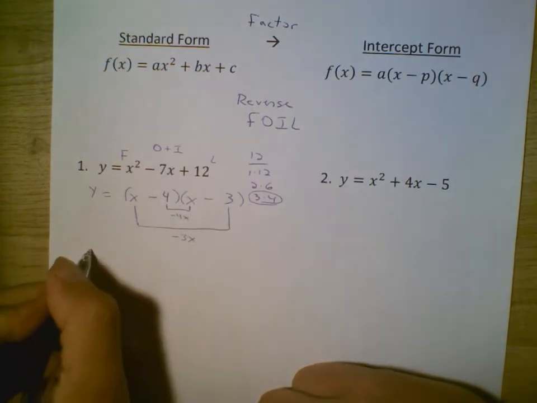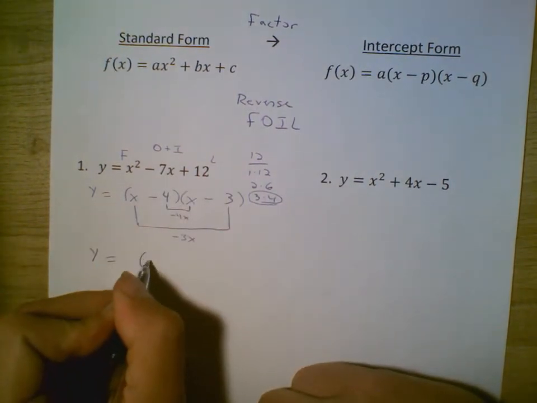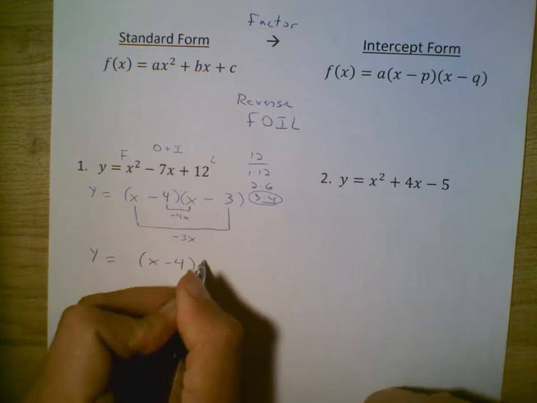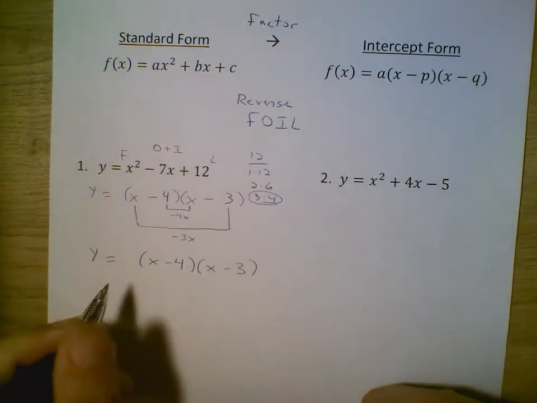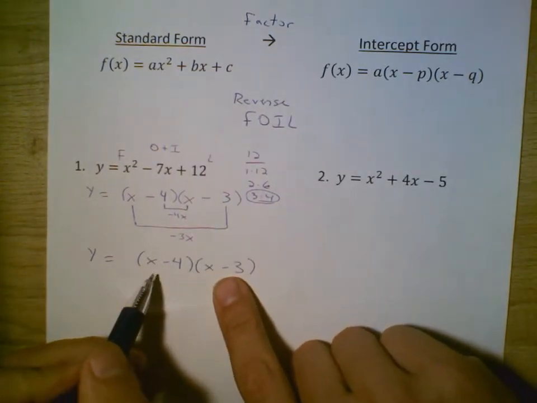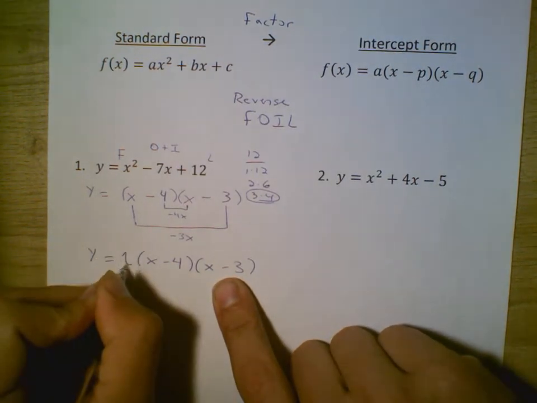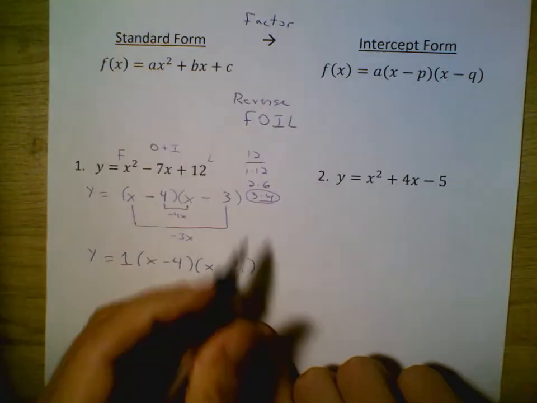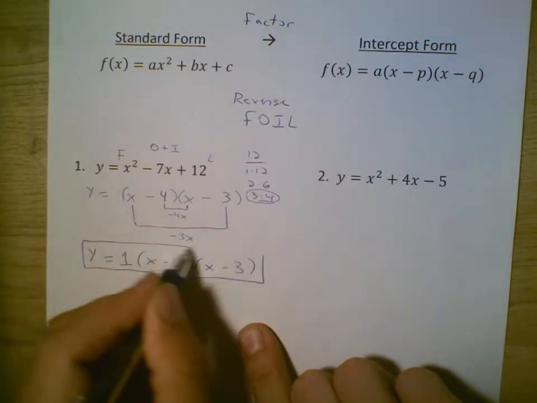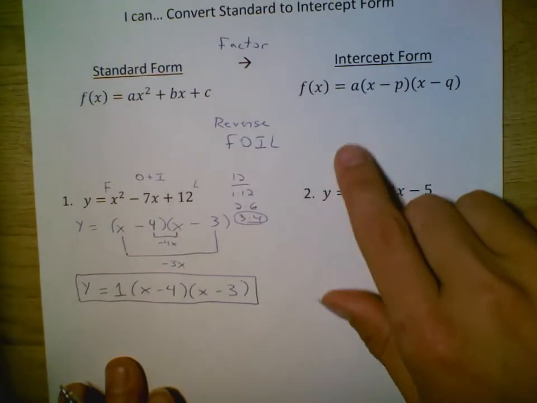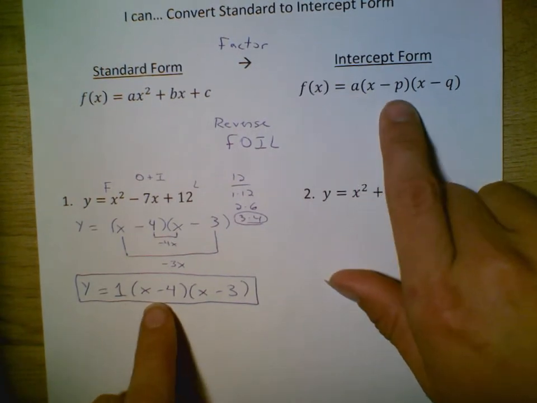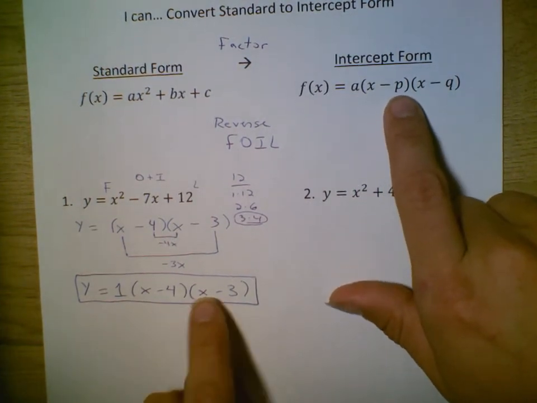Now if I take the factored form and take a closer look at it, this is intercept form, where the a value, which isn't written here, is really a 1, right? My a is 1, the p would be 4, and the q would be 3.